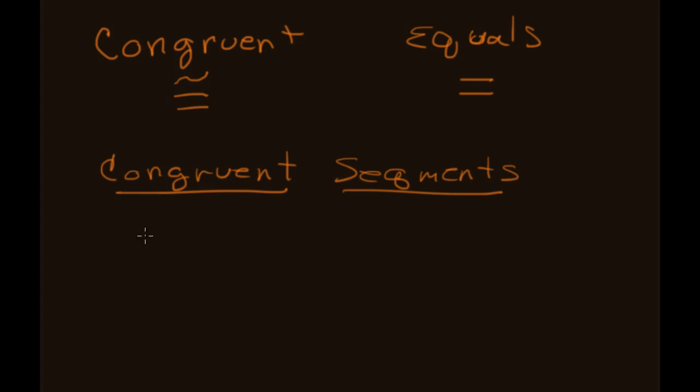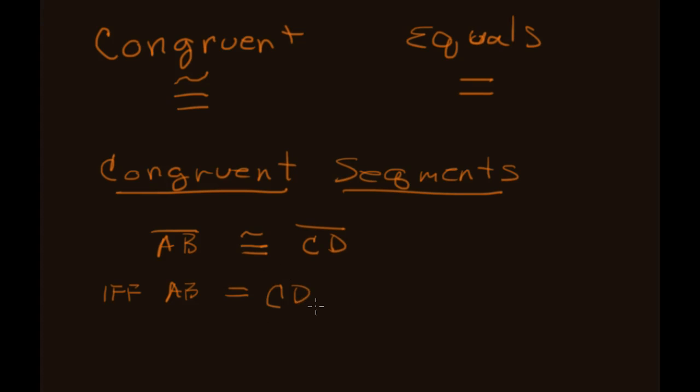So if I have a segment AB and I have a segment CD, and I want them to be congruent, then we're going to say this is true if and only if, so IFF means if and only if, they have equal measures. So if they're the same length, then we say that the segments are congruent.